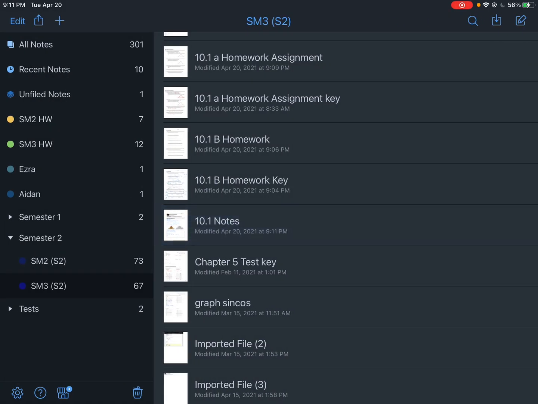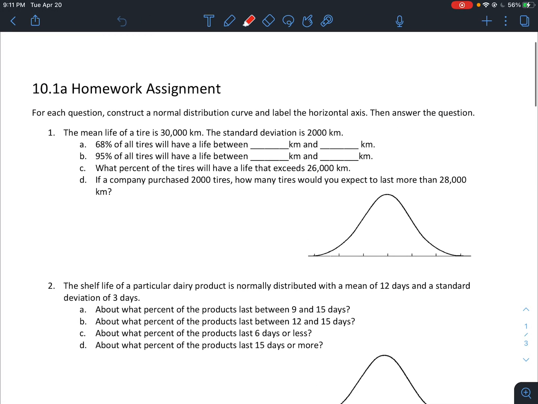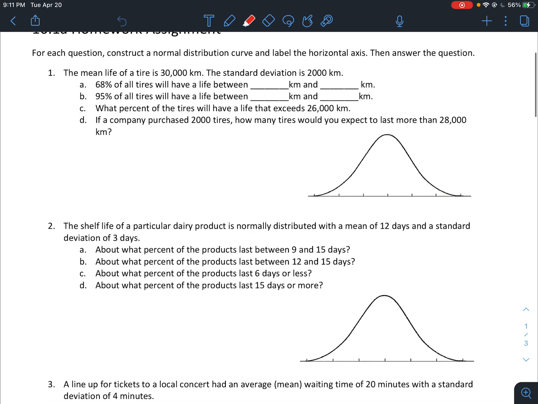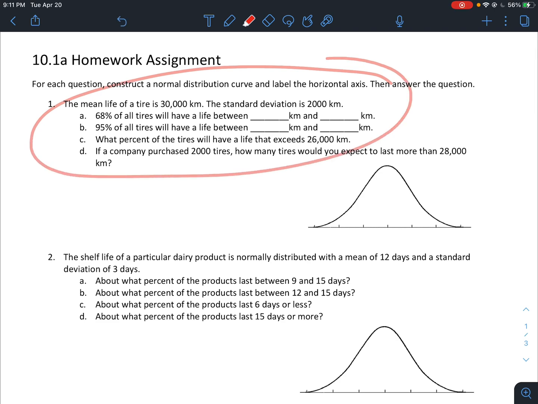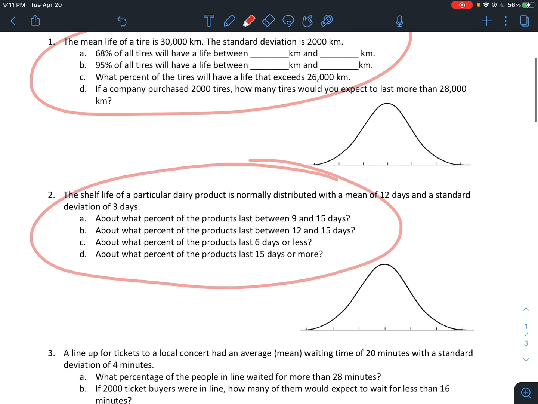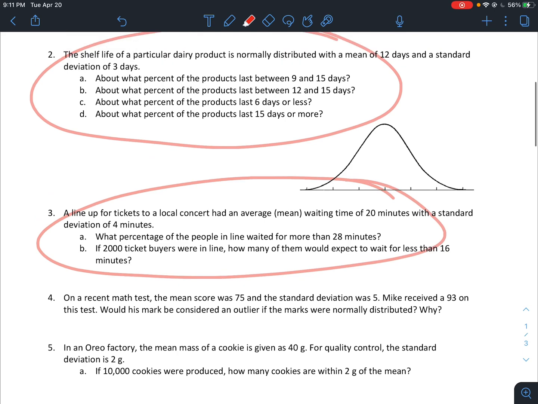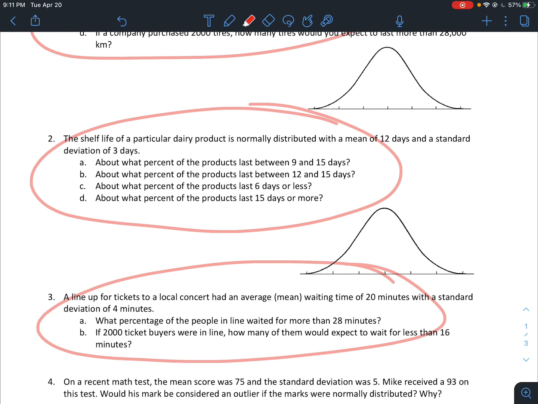If we go back to this assignment, these were examples of different products, different data that was normally distributed. However, all of these had different distributions. Everything had a different mean and a different standard deviation. Standardization helps us transform normal distributions into something consistent, something standardized.